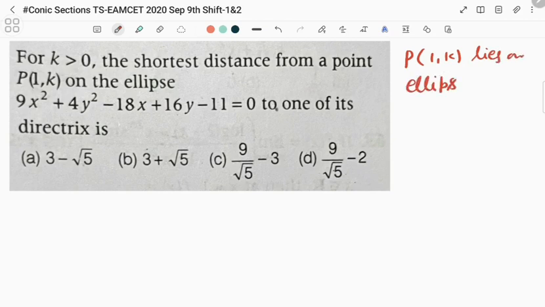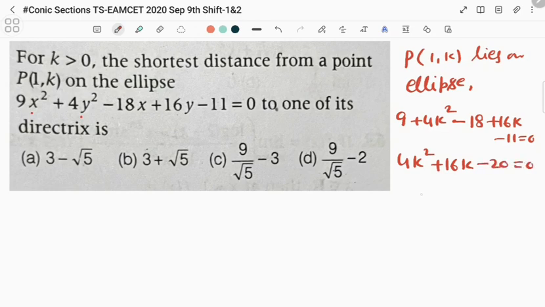So in the ellipse equation, wherever x comma y is there, replace with 1 comma k. So 9 plus 4k square minus 18 plus 16k minus 11 equal to 0. So 4k square plus 16k minus 20. All are multiples of 4, dividing by 4, k square plus 4k minus 5.